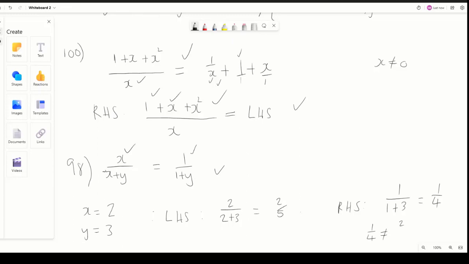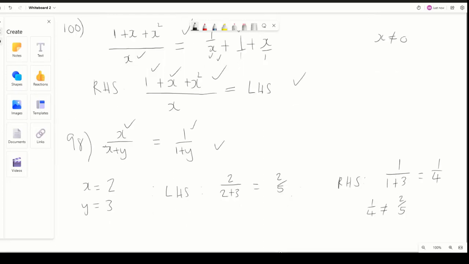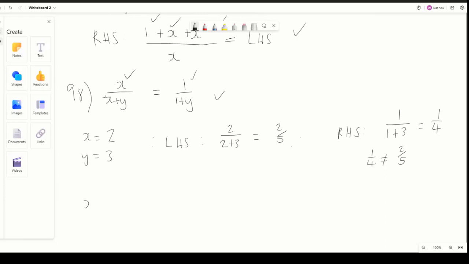So that equality does not hold for all values of x and y, okay? I've just constructed two values, x equal to 2, y equal to 3, and I showed you that that cannot be true for every value. It may be true for some values. If I choose x equal to 1, this will be true, all right? Let's see what would happen. I choose x equal to 1, and y can be any other value.